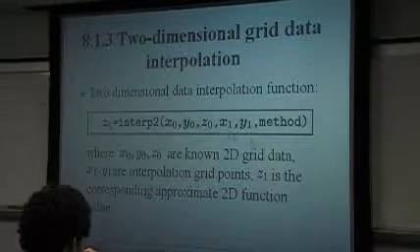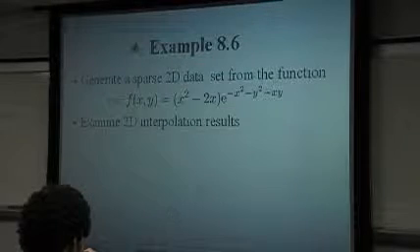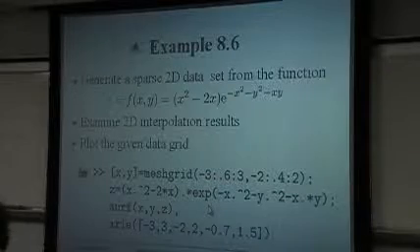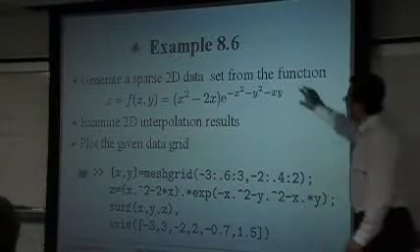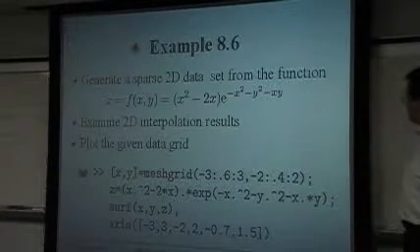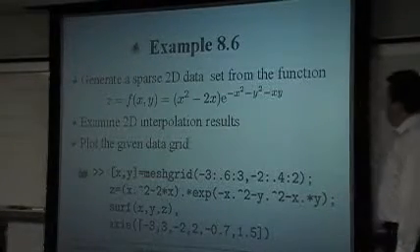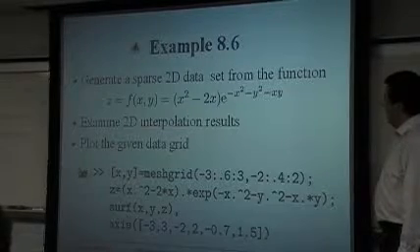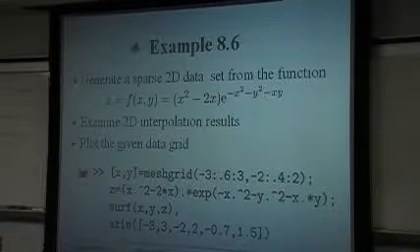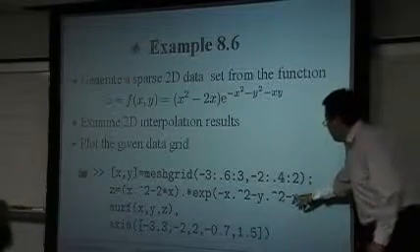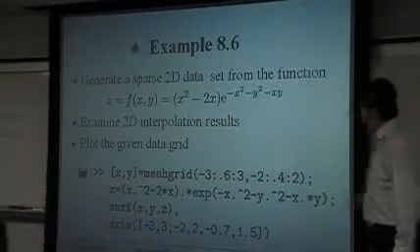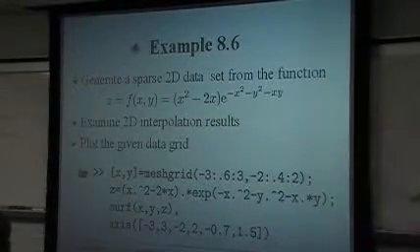And this is a function to use. Here we should generate a set of data using a command like this from the given function. We can use meshgrid to generate the grid data, and then we can use this function to evaluate the given function, and we can draw the surface from the sample data.